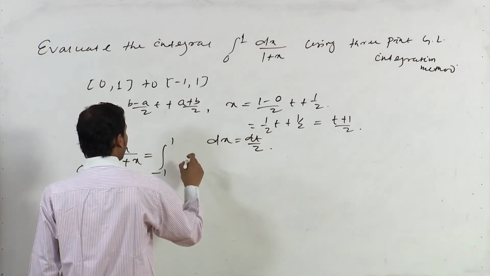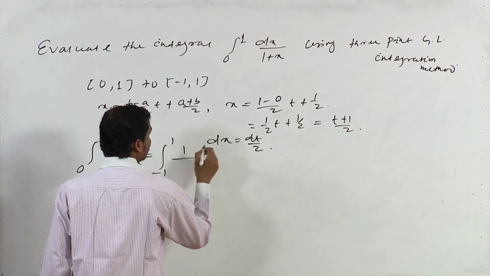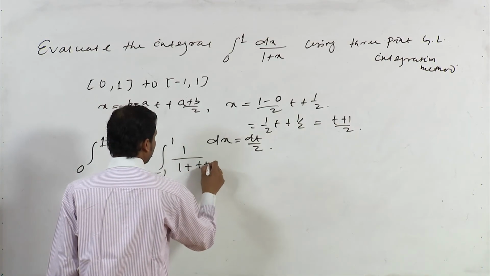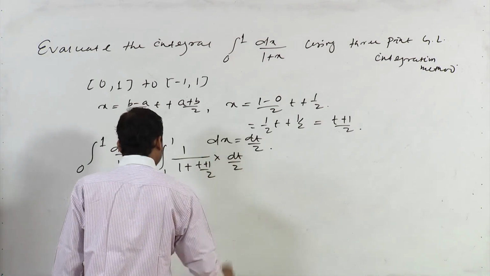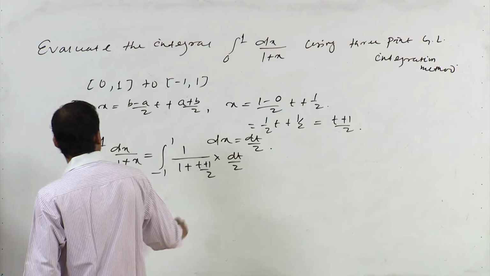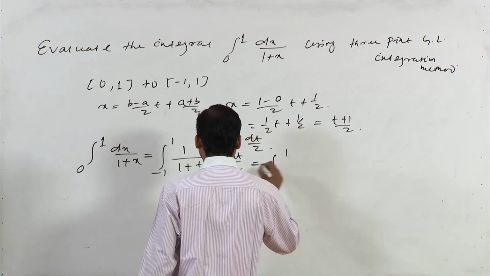So first 1 by 1 plus x, you can write that as 1 by 1 plus (t plus 1) by 2 into dt by 2, over minus 1 to 1.